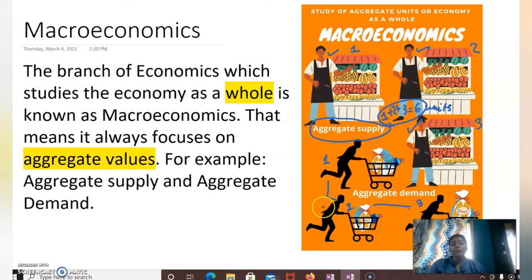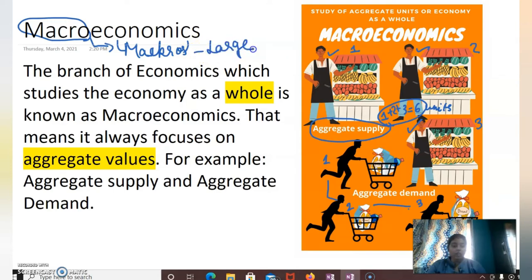When we add up the single individuals, it is known as macroeconomics. The word macro has also been taken from a Greek word, macros, which means large. So we study economics on a larger basis.